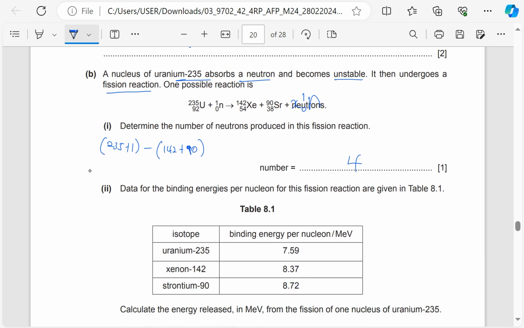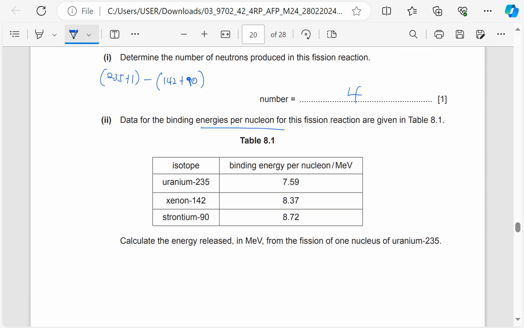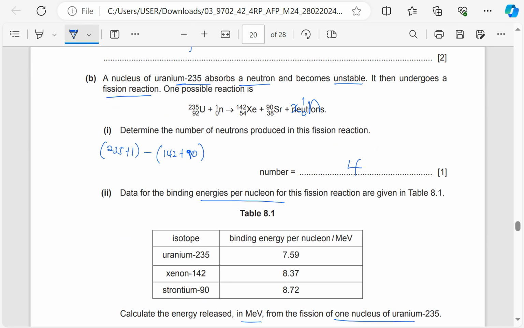Data for the binding energies per nucleon for the fission reaction are given in the table. Calculate the energy released in mega electron volts from the fission of one nucleus of uranium. On the left-hand side we have uranium, whose binding energy per nucleon is given here.